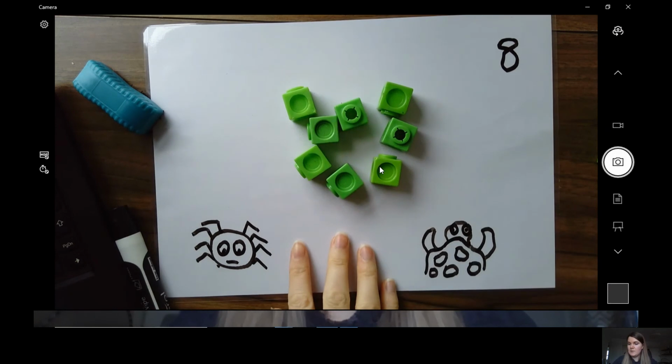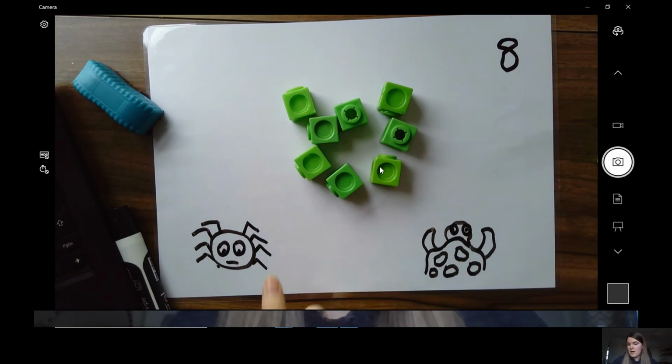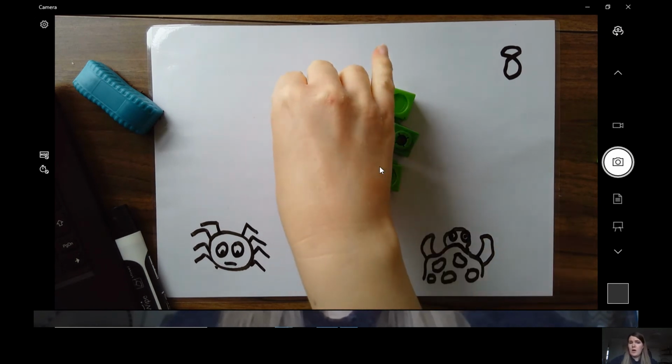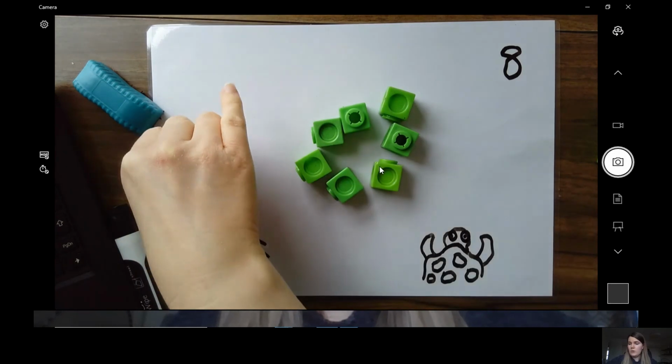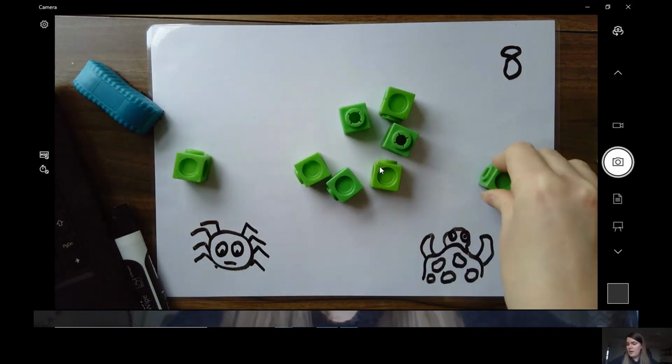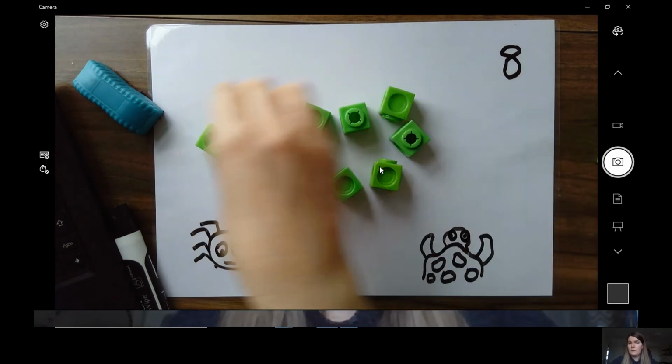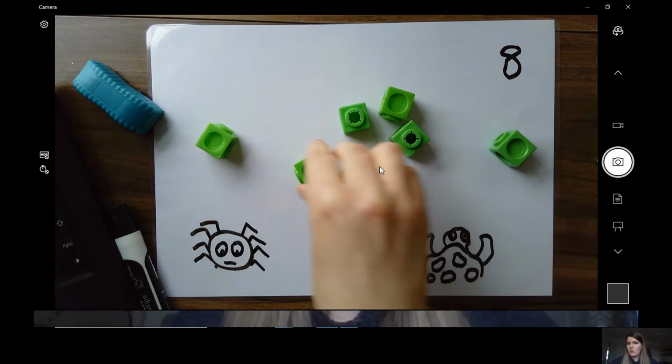I've got my 8 cubes. Now to halve it, I want to give it to the spider and the turtle. To make sure I do it equally, I'm going to go 1 for you and 1 for me. I'm going to be the turtle in this scenario, and you guys are going to be the spider. You ready? 1 for me, 1 for you.